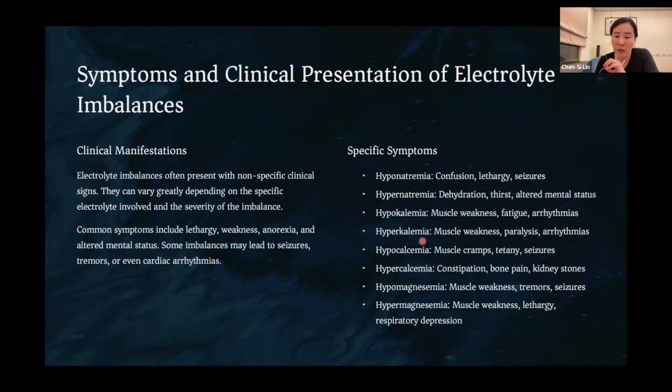But for hyperkalemia, muscle weakness is just the starting symptom. If we don't manage this situation at the right time, the animals may show paralysis, and the severe cases will be cardiac arrhythmia.